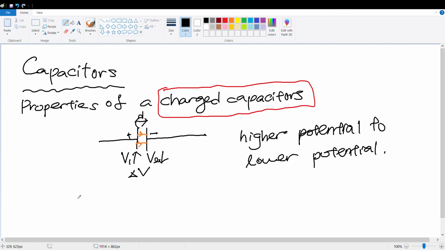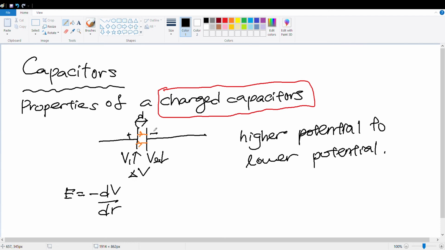Based on the previous knowledge we learned from electrostatics, we know that the electric field strength is actually equal to negative dV over dr, which is the change in the electric potential over a certain distance. So the existence of a potential difference will eventually give us the electric field strength.